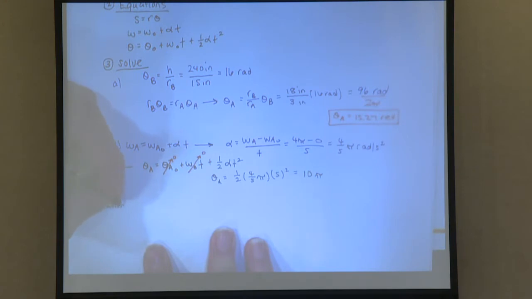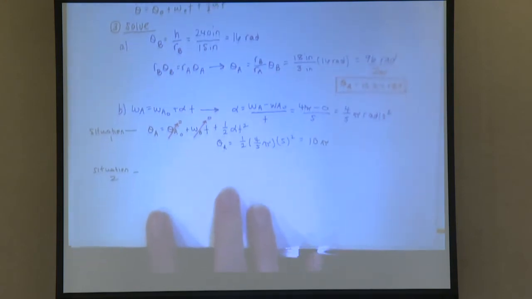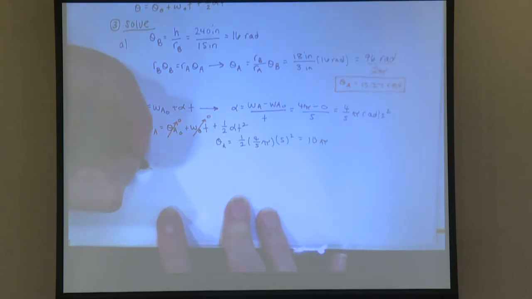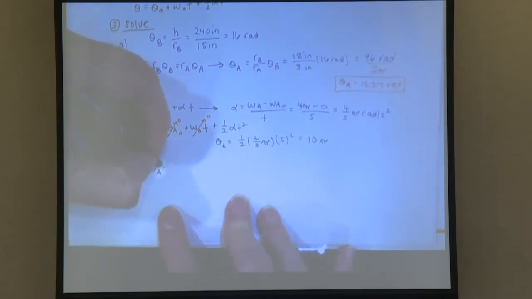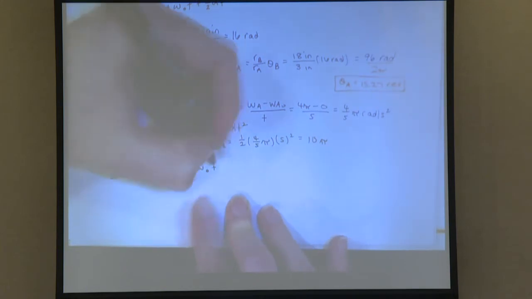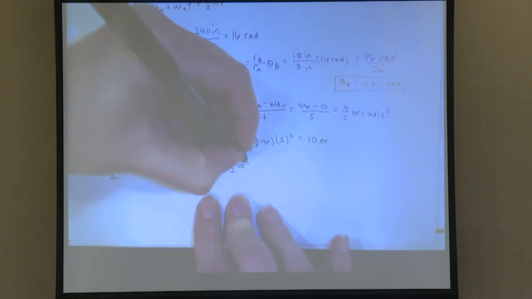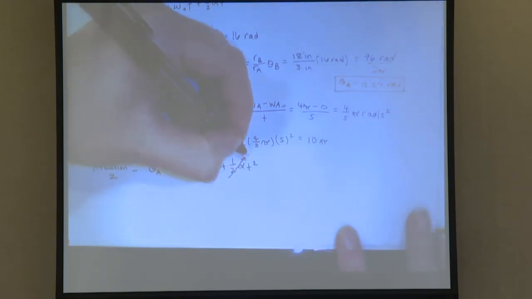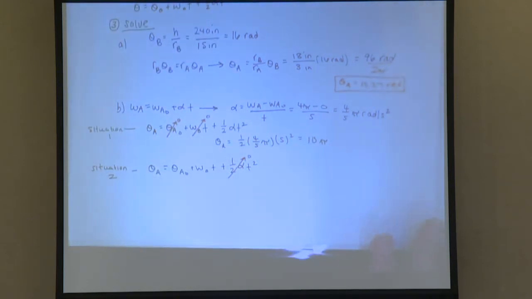Now we have situation 2. For situation 2, we have theta A is equal to theta A naught plus omega naught t plus 1/2 alpha t squared. But as we said before, for situation 2, it's moving with a constant angular velocity. So that means that alpha is 0.